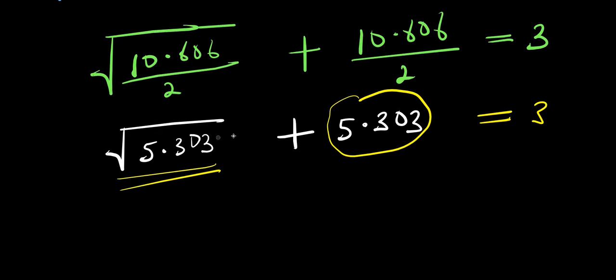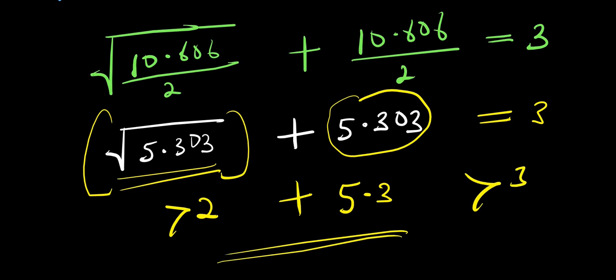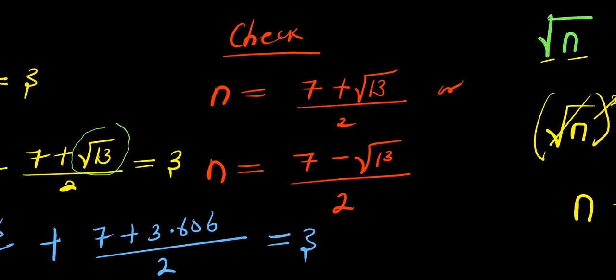Even if you don't find the square root of this, which will be greater than 2, you add it to this, 5.3 is obviously going to be greater than 3. So this particular solution is not correct. This one here is wrong.